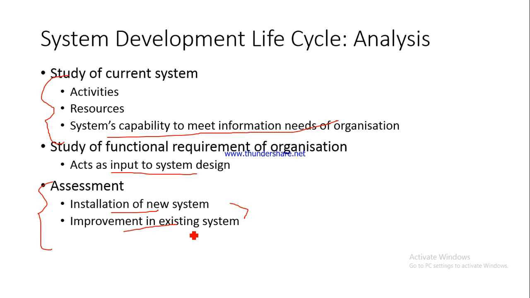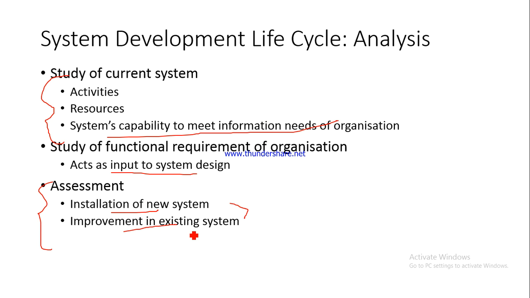So it could be both cases basically. System development could mean both of them. It could be replacing the manual information system, or it could be modifying and improving the existing management information system, right?